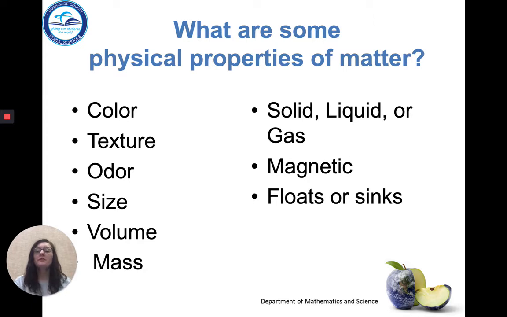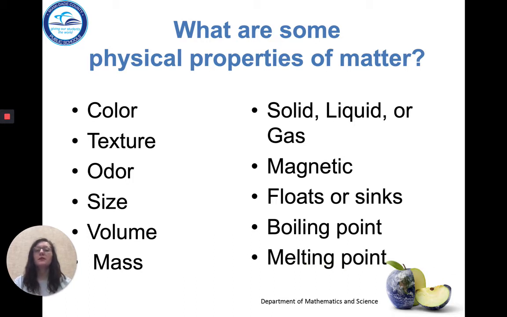Also floating or sinking can be a physical property of matter that we can use. And then also boiling point. So this one we won't get into a whole lot right now, but that is still a physical property. The boiling point is when something changes between those different forms.